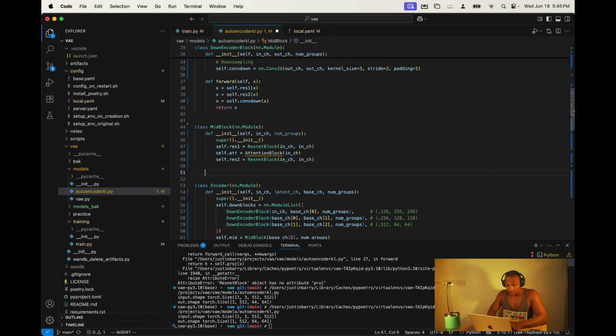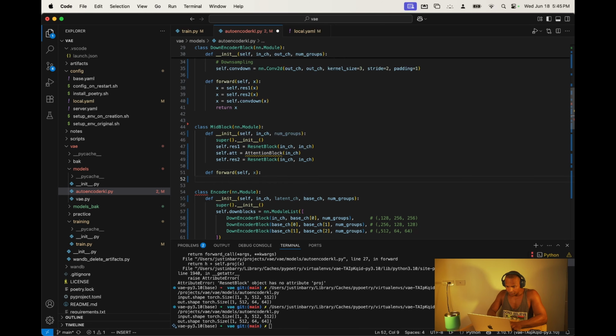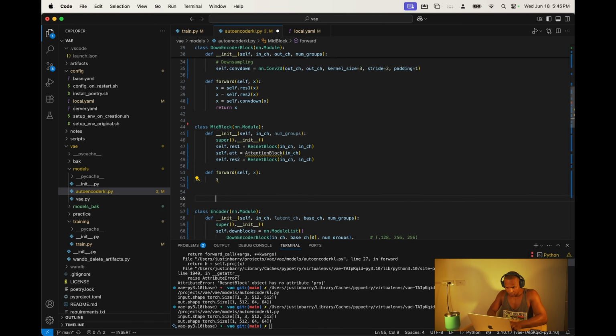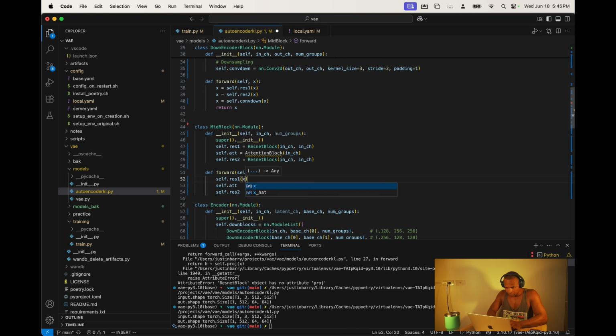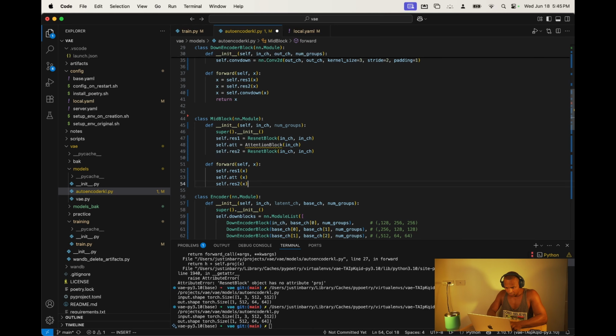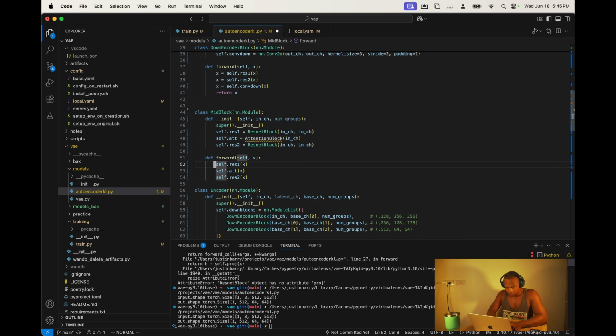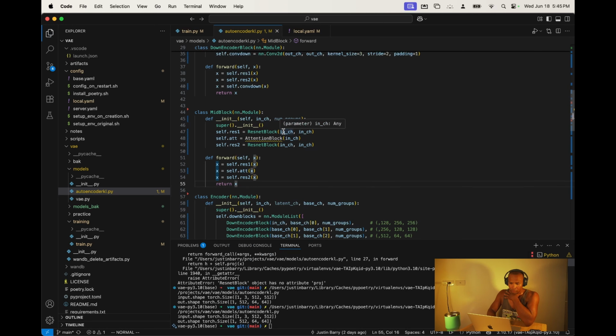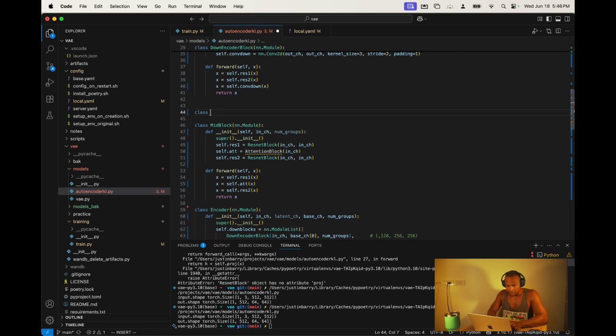So that's our attention block. That's our mid block, and so let's implement this attention block.